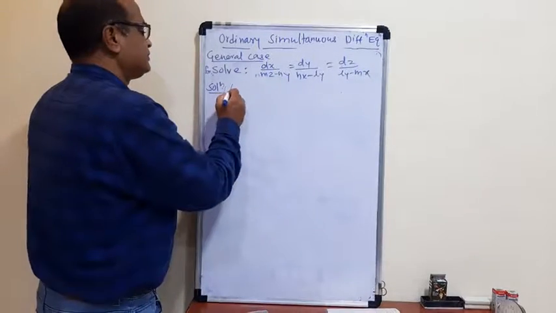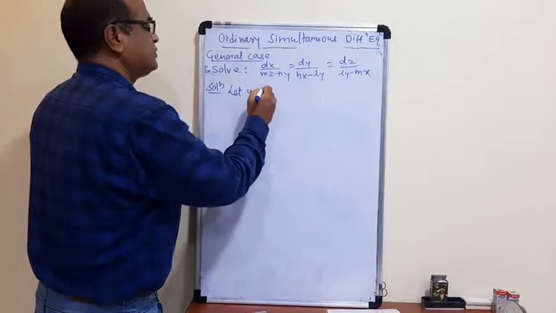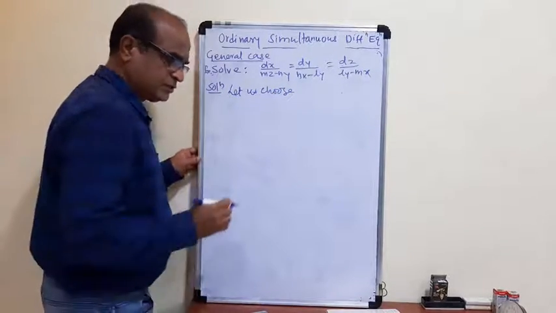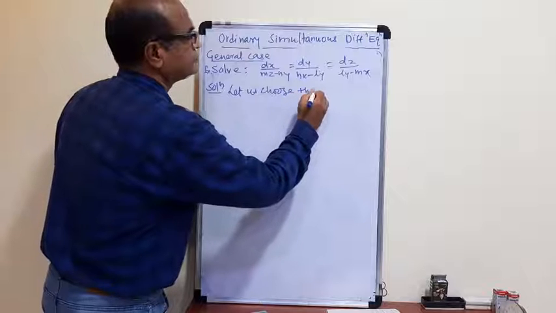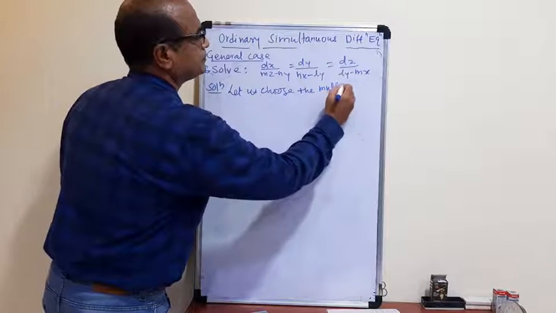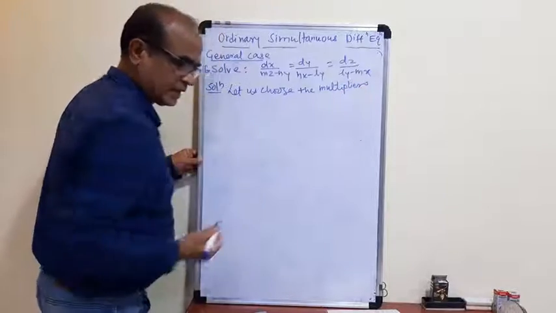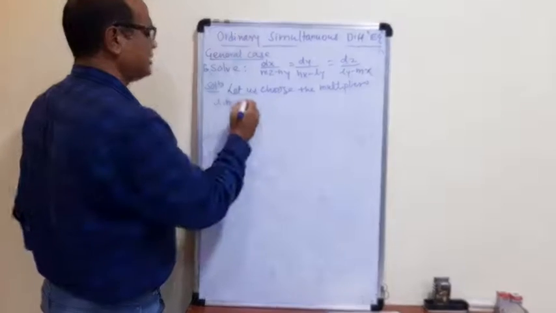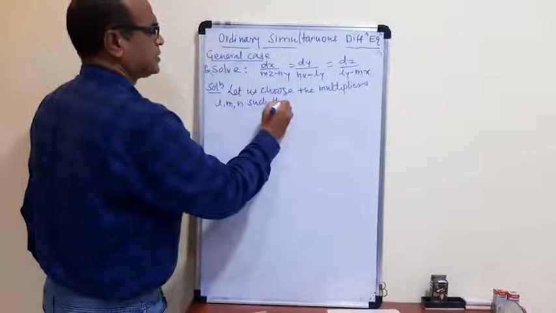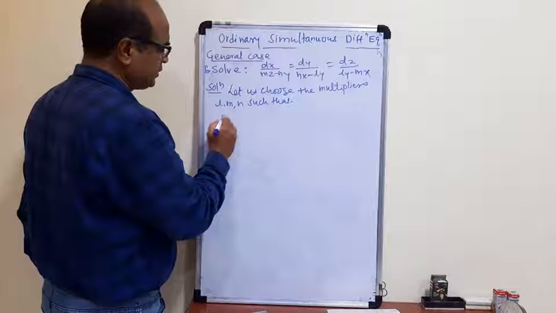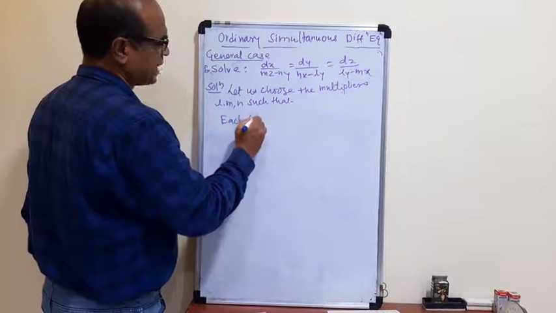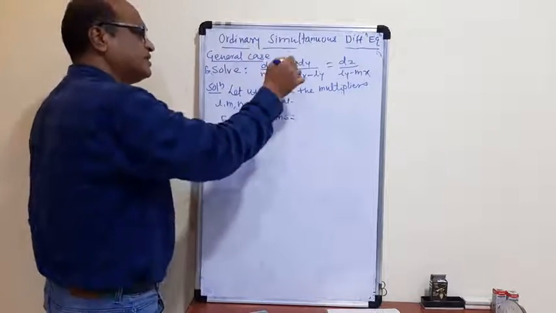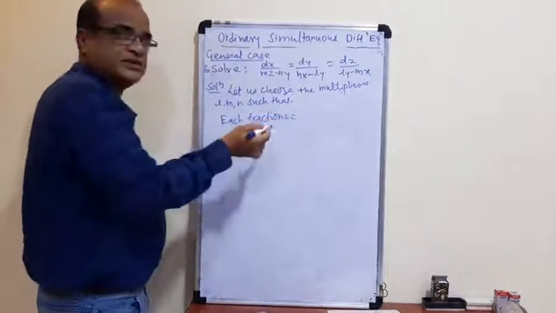Let us choose a set of multipliers, chosen in such a way that each fraction is equal to each fraction.